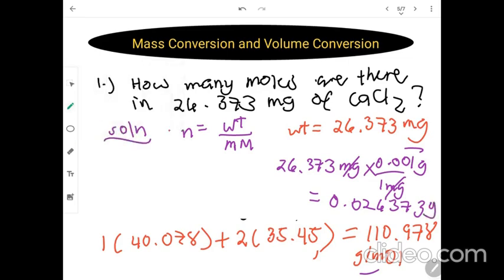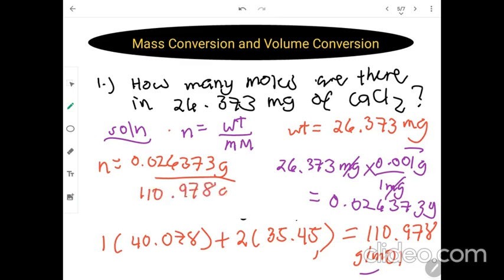Okay, now we can solve this. So our n here is your value for weight in grams, which is 0.026373 grams over, or let's simplify this value. Okay, and over 110.978 with the unit grams per mole.